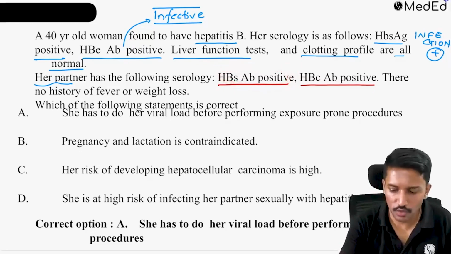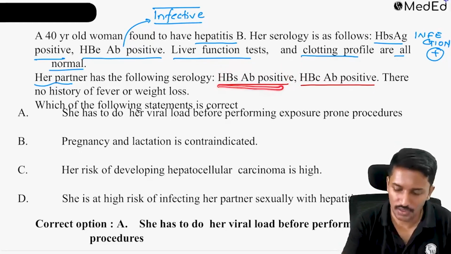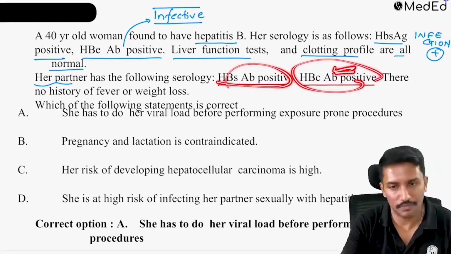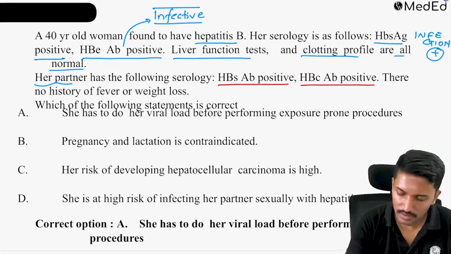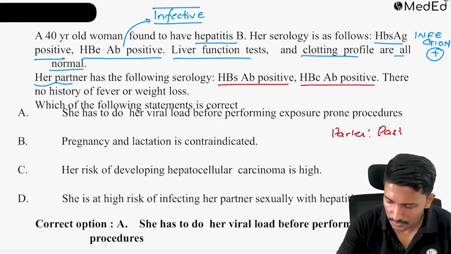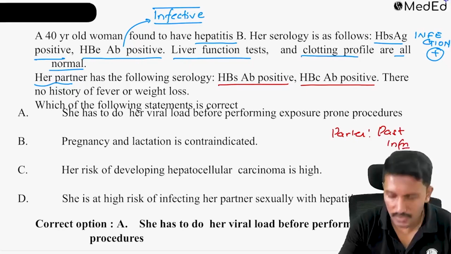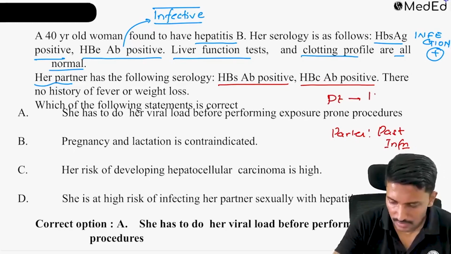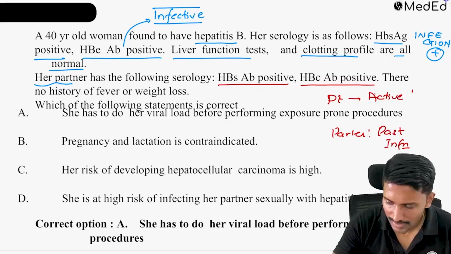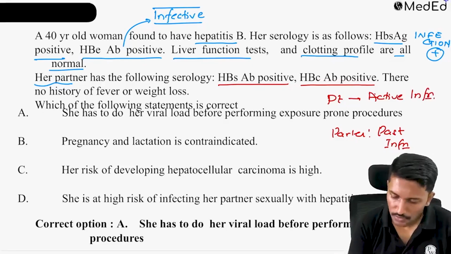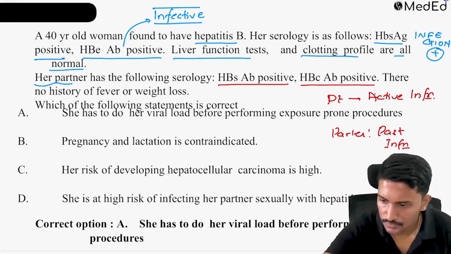There is possibility of past infection or vaccination, and looking at this profile, it looks like he was infected, right? So this partner has past infection. He doesn't have current infection, the partner has past infection, and the index patient has highly active current infection. Now the question is, which of the following statements is correct?